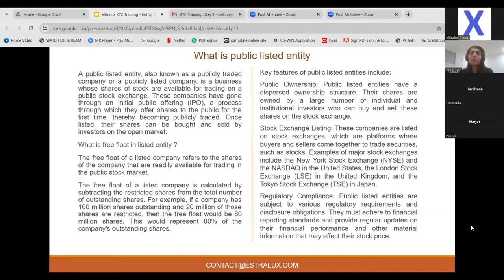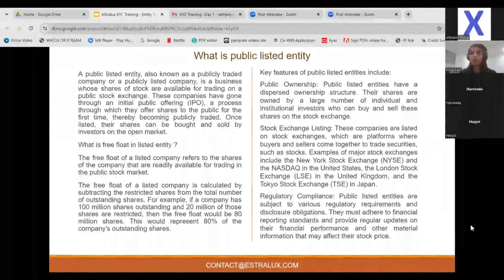You might also not be required to collect the shareholders if it is listed, because they're very sure the risk is not there. Even in organizations where they required shareholding, you would never end up getting it, because the shareholdings are so small that you cannot gather all the individuals. So that is public ownership.